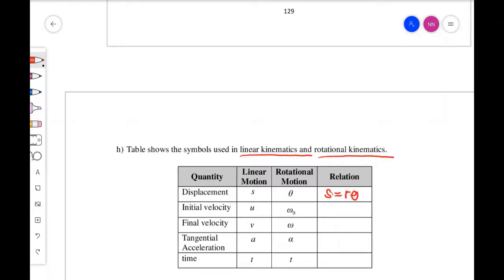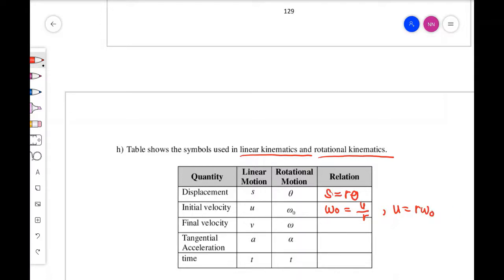Seterusnya untuk linear motion dipanggil initial velocity u. Dan untuk rotational motion dipanggil angular initial velocity dan simbol dia adalah omega naught. Dan relationship dia adalah omega naught equals u over r ataupun u equals omega naught r.